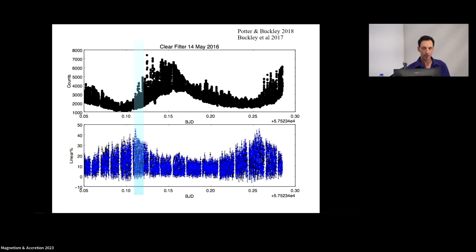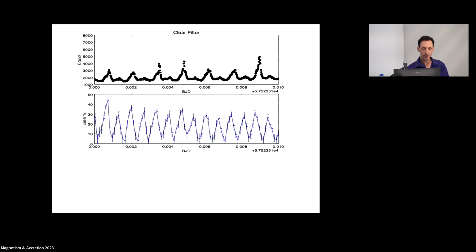And in the next plot, I'm going to zoom in on this highlighted area. Now you can see that all that variability in the previous image is in fact made of all these pulses. The top one is the total intensity, and the lower plot is the linear polarization. In a matter of 30 seconds, the linear polarization goes from 0 to over 40%.